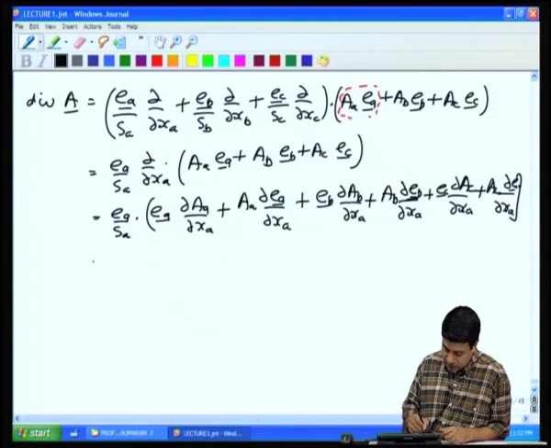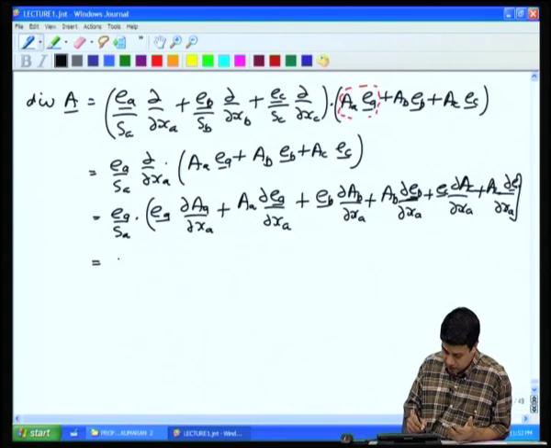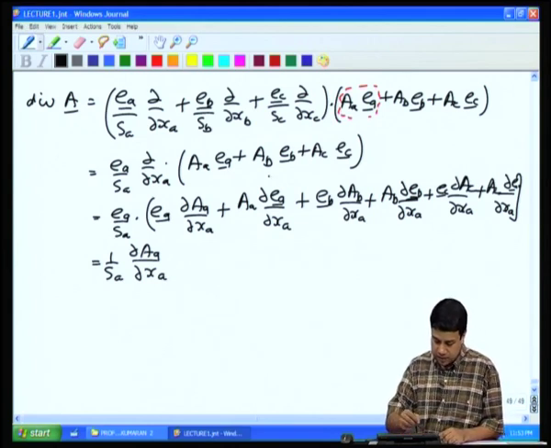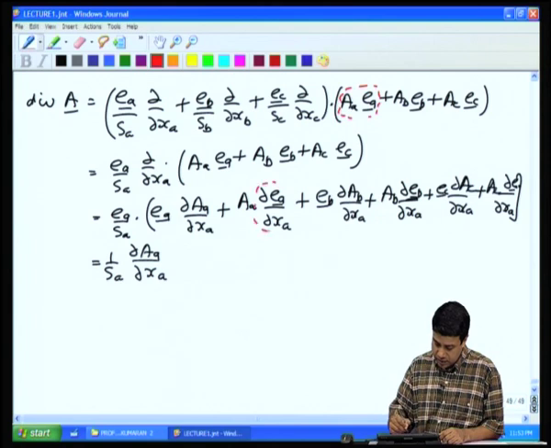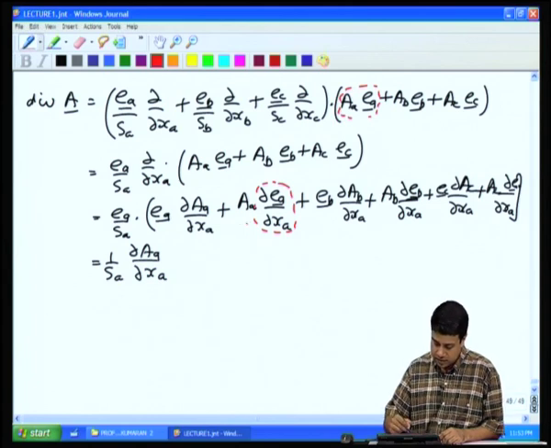The first term is just e_A dotted with e_A, that gives me 1. So, I just get 1/S_A ∂A_A/∂x_A. Okay. The second is e_A dotted with ∂e_A/∂x_A. ∂e_A/∂x_A is perpendicular to e_A itself. So, when I take the dot product, this term when dotted with e_A becomes 0.